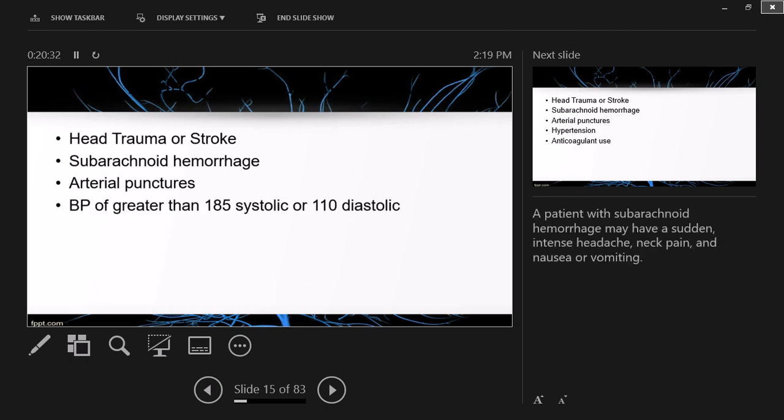Hypertension, let me back up here. BP of 185 systolic or 110 diastolic. This is one of the few always that I want you to remember. Anytime you get called for a nosebleed, it's not going to happen very often, but occasionally you'll get called for a patient with a nosebleed that won't stop. Before you stop that bleeding, check their blood pressure.